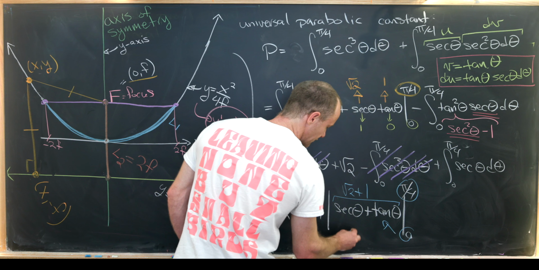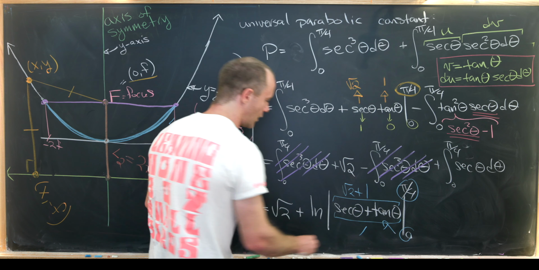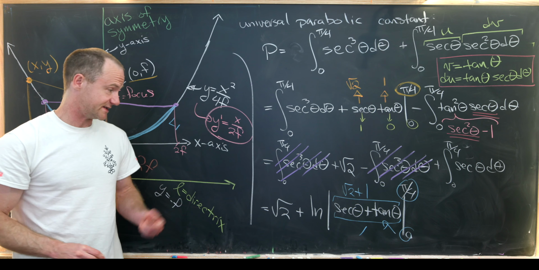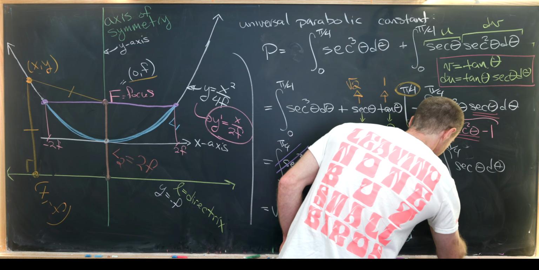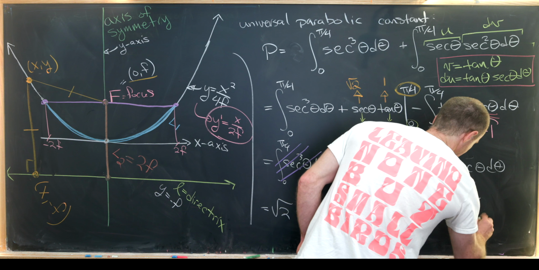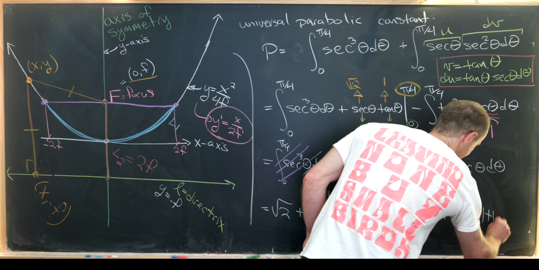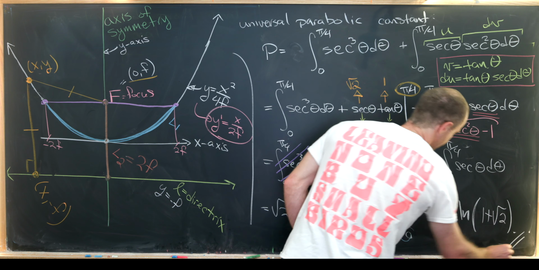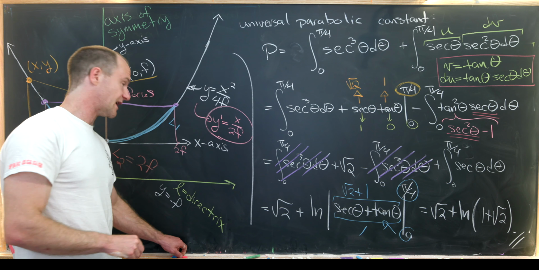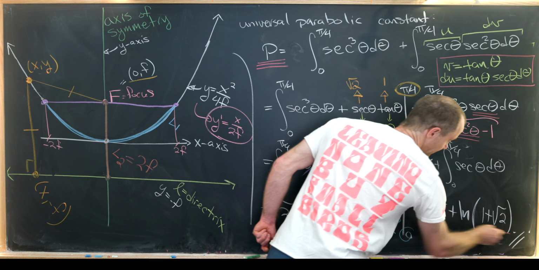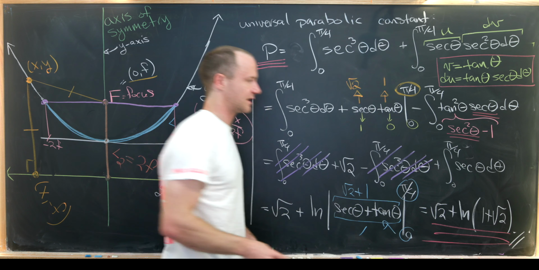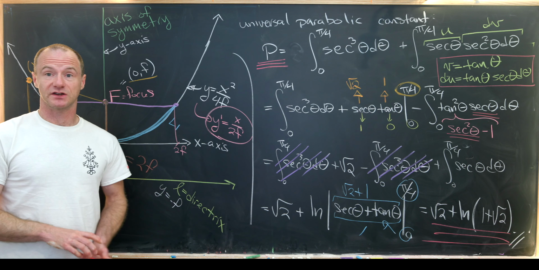Evaluating this at 0 will give us the number 1. Natural log of the number 1 is 0, leaving us in the end with the square root of 2 plus natural log of, I'll write it as 1 plus the square root of 2. And that would be our final kind of nice expression for this parabolic constant. And that's a good place to stop.